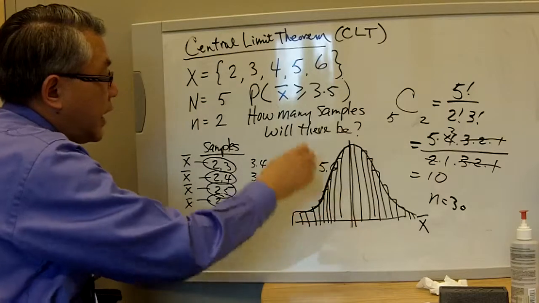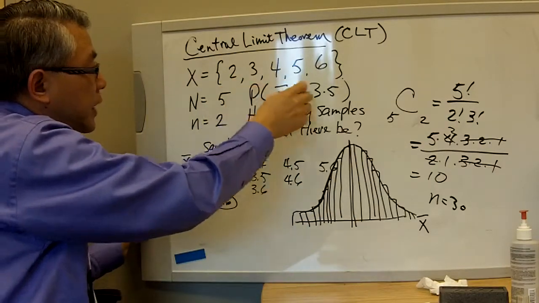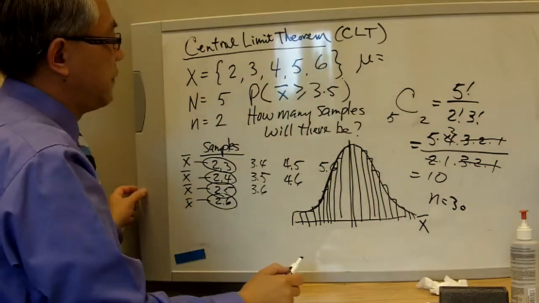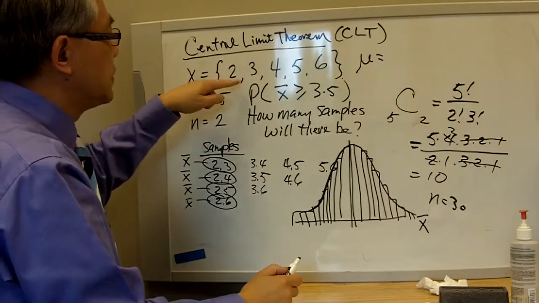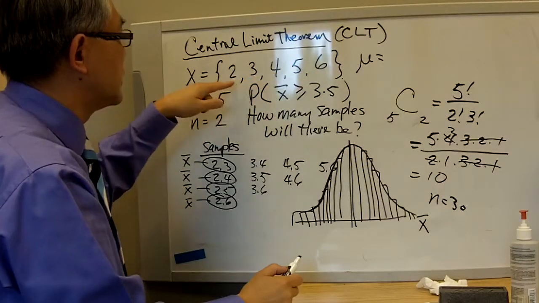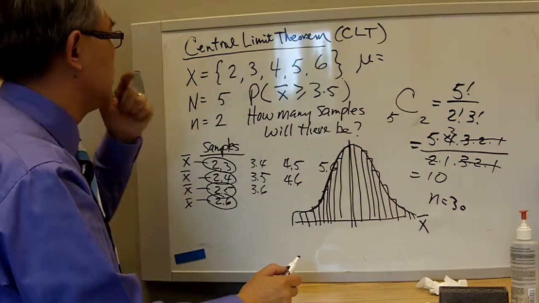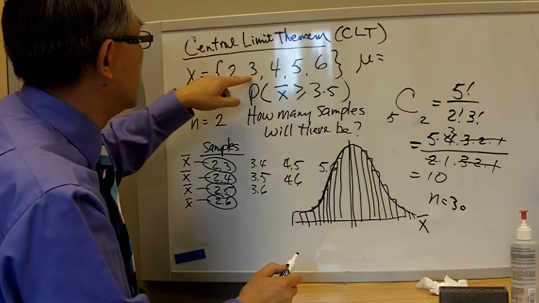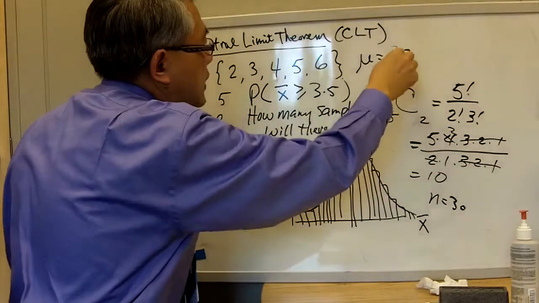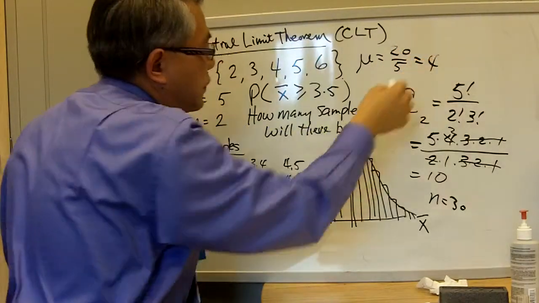In this case, the population mean is 4. So 2 plus 3 plus 4 plus 5 plus 6 is 20, divided by 5, not 4, is equal to 4.